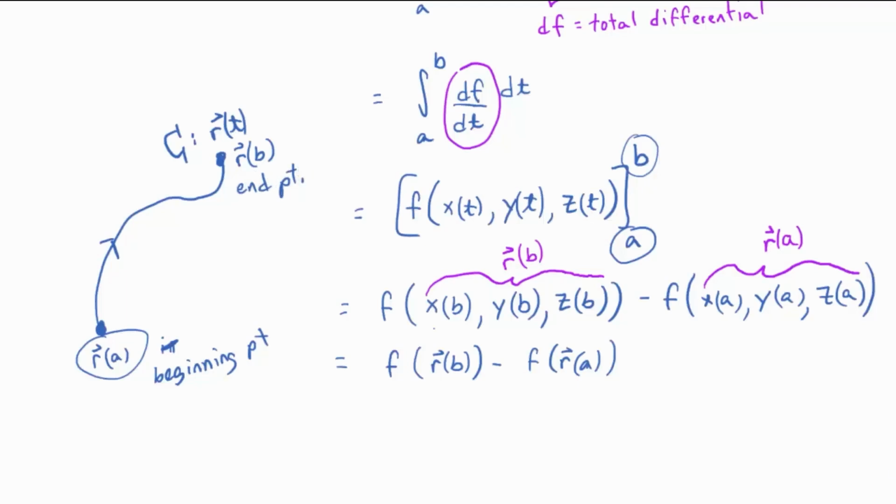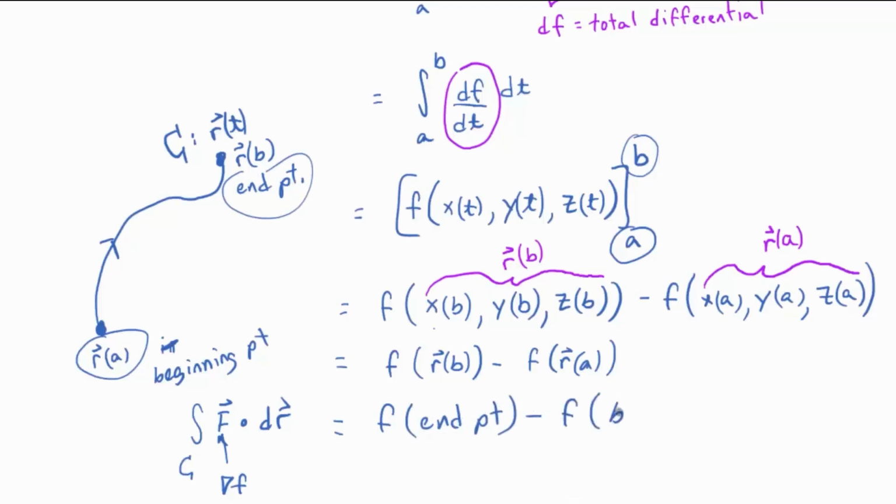So what this is really saying is that if you want to evaluate the line integral, when F can be written as the gradient of a scalar function, then this is equal to f of the endpoint minus f of the beginning point. That's a nice way to think about the fundamental theorem of line integrals.